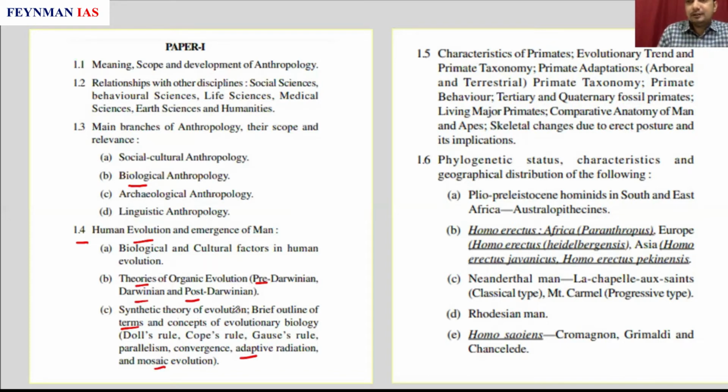Again, this information is difficult to find. Not many books actually discuss it, even though they discuss evolution at huge length. But few books like Telugu Academy books, they actually have covered because they have been written keeping in mind the requirements of UPSC exam and UPSC syllabus.